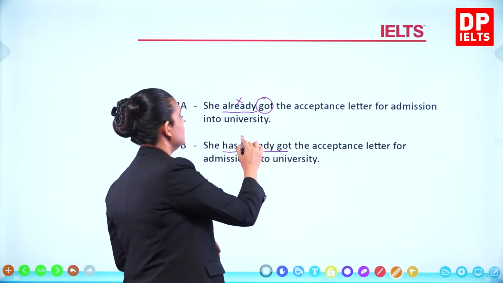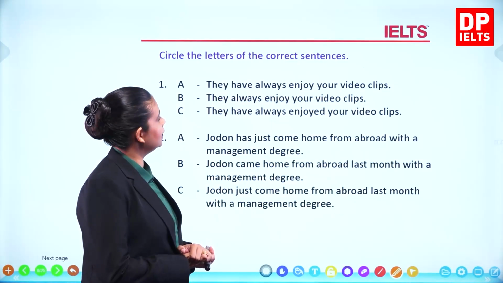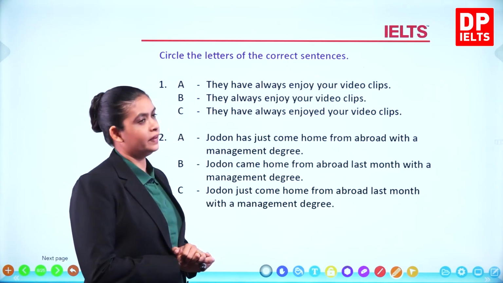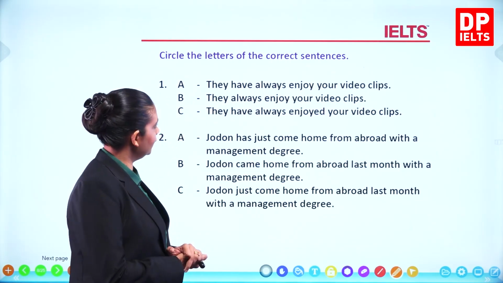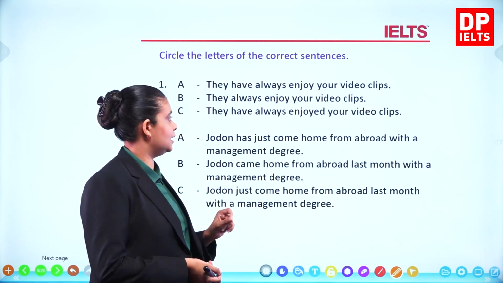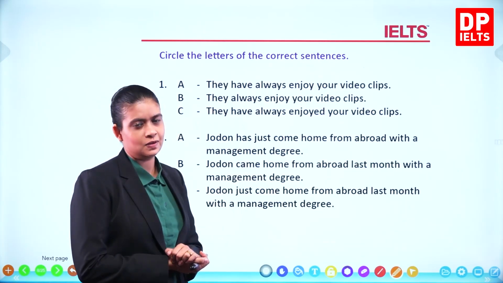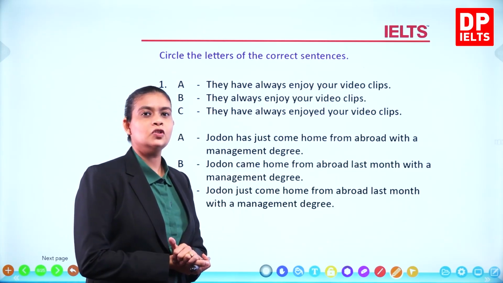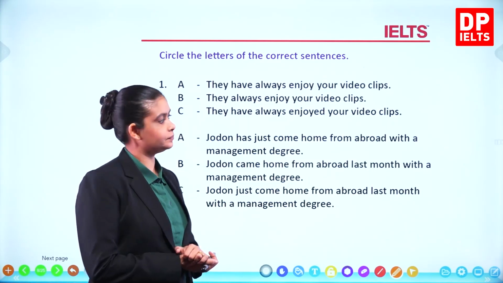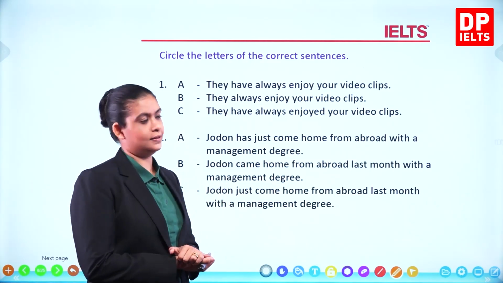So this is correct. So A, they have always enjoyed your video clips. B, they always enjoy your video clips. C, they have always enjoyed your video clips. So think about it. Which ones are correct? If it is incorrect, why is it incorrect?